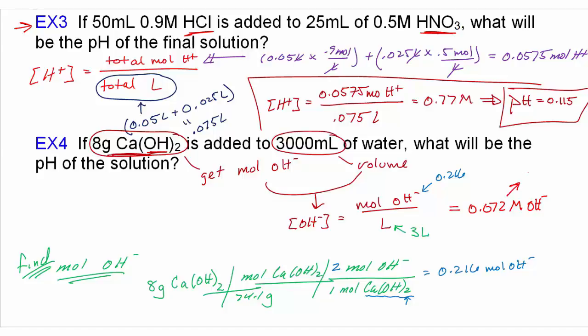Log of that is 1.14. Is my pOH. Subtract that from 14, and I'll have pH, 12.9 about. Okay, so 12.9 will be the pH of 8 grams of calcium hydroxide when placed in 3,000 mils of water.